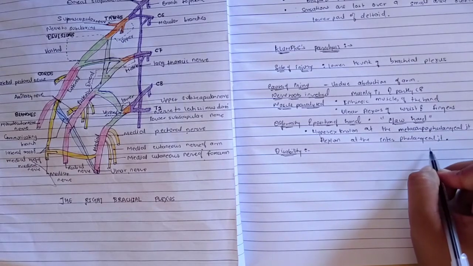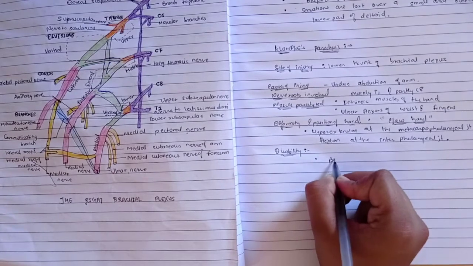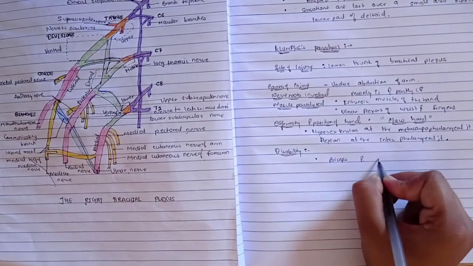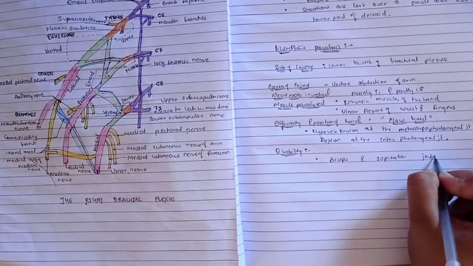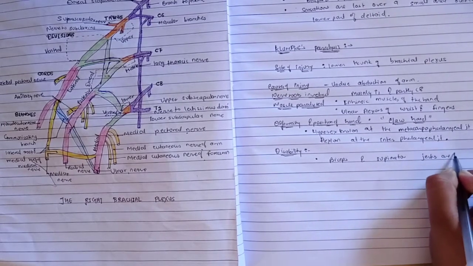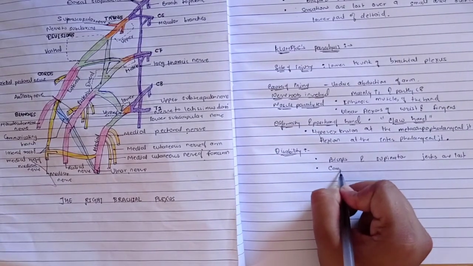Then the disability involved. First, biceps and supinator jerks are lost, same as in Erb's paralysis. Second, complete claw hand.